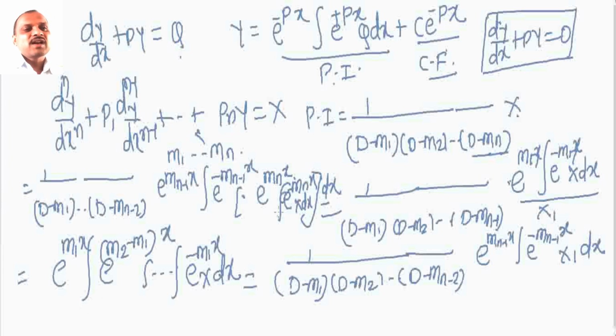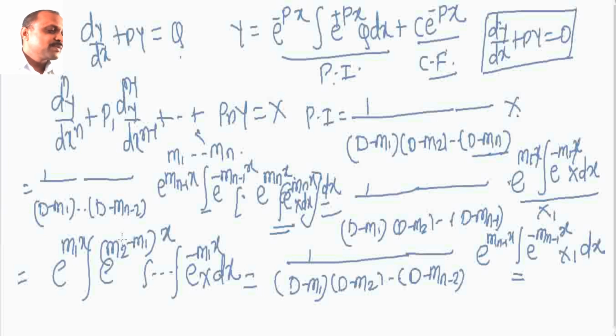Okay, so these are all n integrals. Whenever we operate the first, we get the first integral. Whenever we operate the next, we get two integrals. So whenever we operate all these terms one by one, we get n integrals.